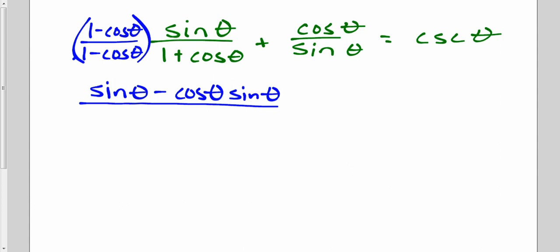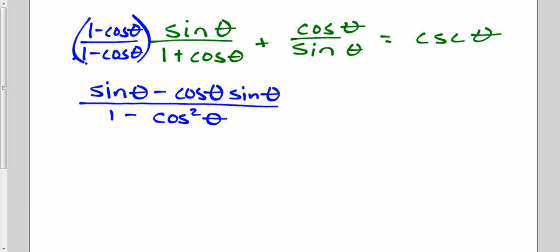So 1 times 1 is 1. 1 times positive cosine theta equals positive cosine theta. 1 times negative cosine theta, those go away. And then negative cosine theta times positive cosine theta gets me negative cosine squared theta.